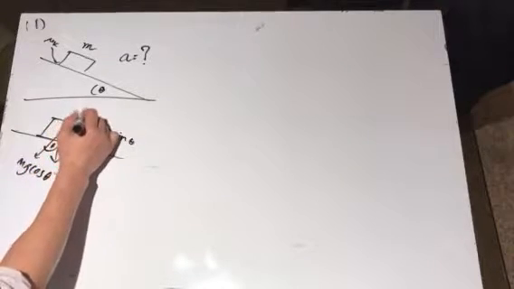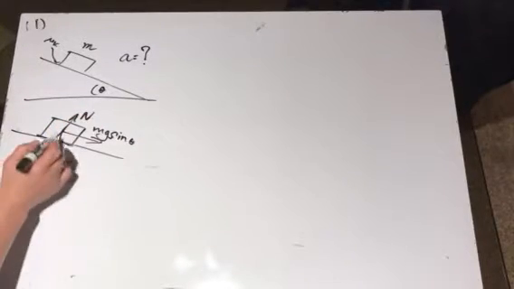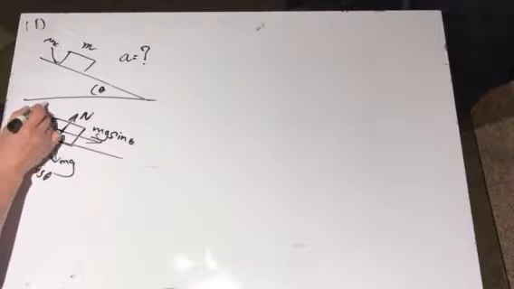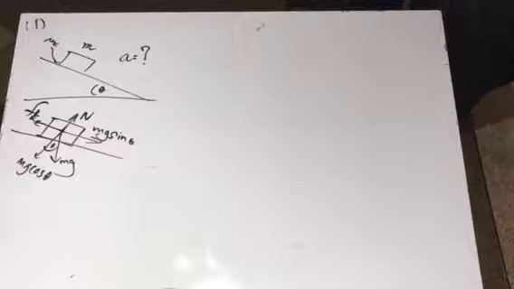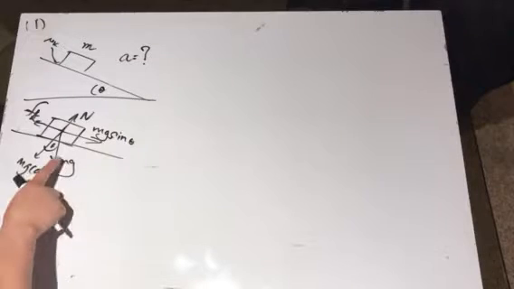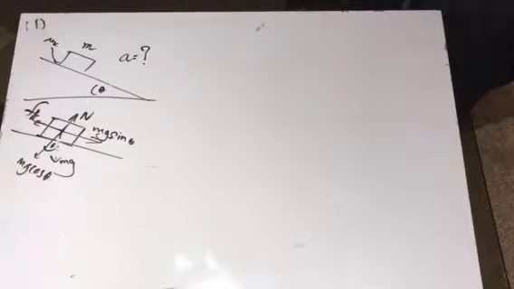That should be your normal force, and that's actually your kinetic frictional force to slow it down. So how many forces do you have total? 1, 2, 3, 4. So basically you have 4 different forces acting.